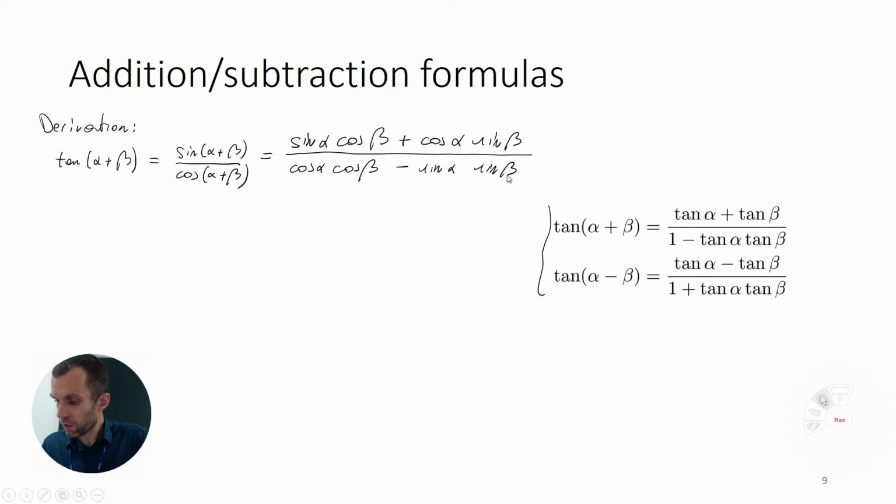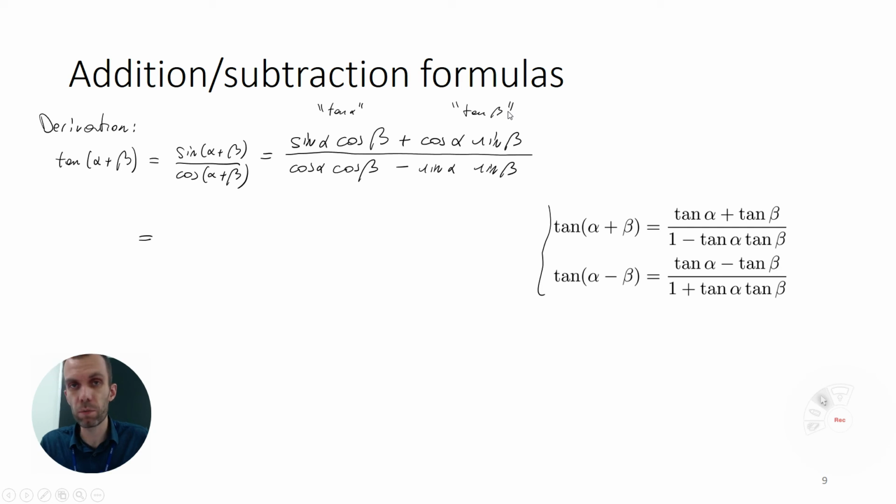So we want to get to something that looks a little bit like the right-hand side here. I've got something plus something else here, and the numerator here also has a sum, but I'm not there yet. What I really would like is something that looks like tan alpha here and tan beta here.